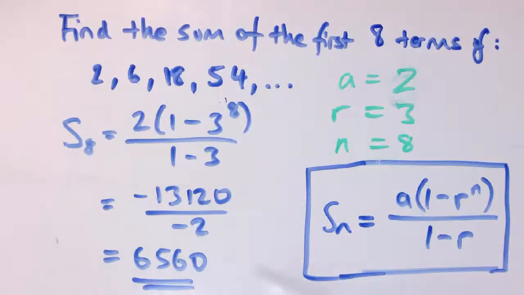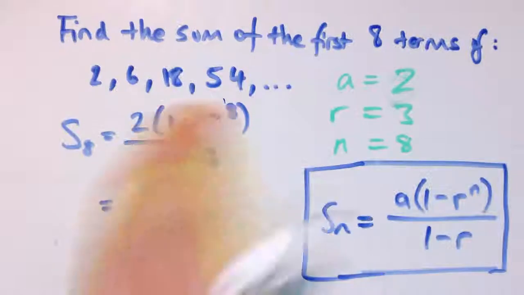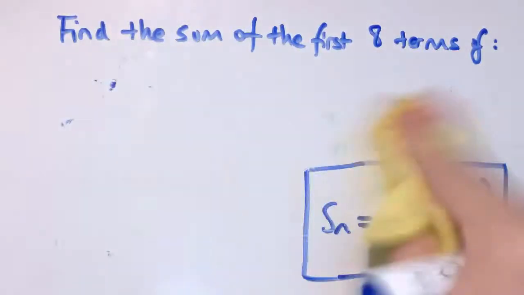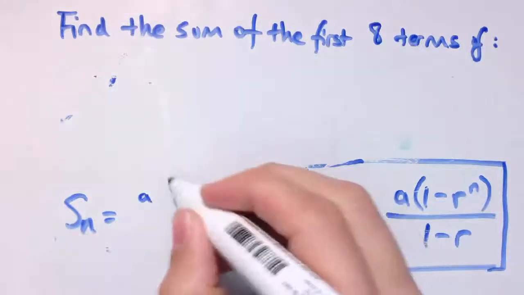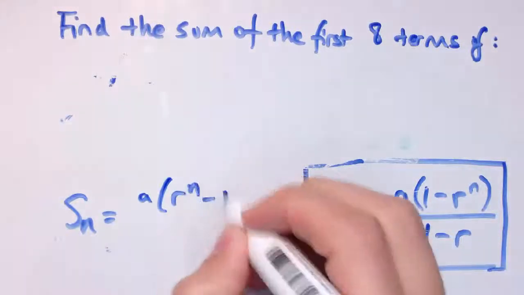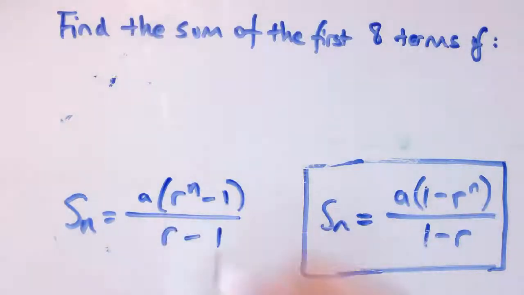One thing you notice here is that we ended up with a minus number and a minus number, which eventually cancels out. We could write this formula slightly differently so that we only have positive values. If I multiply top and bottom by -1, I get Sn equals a times r to the n minus 1, all over r minus 1.